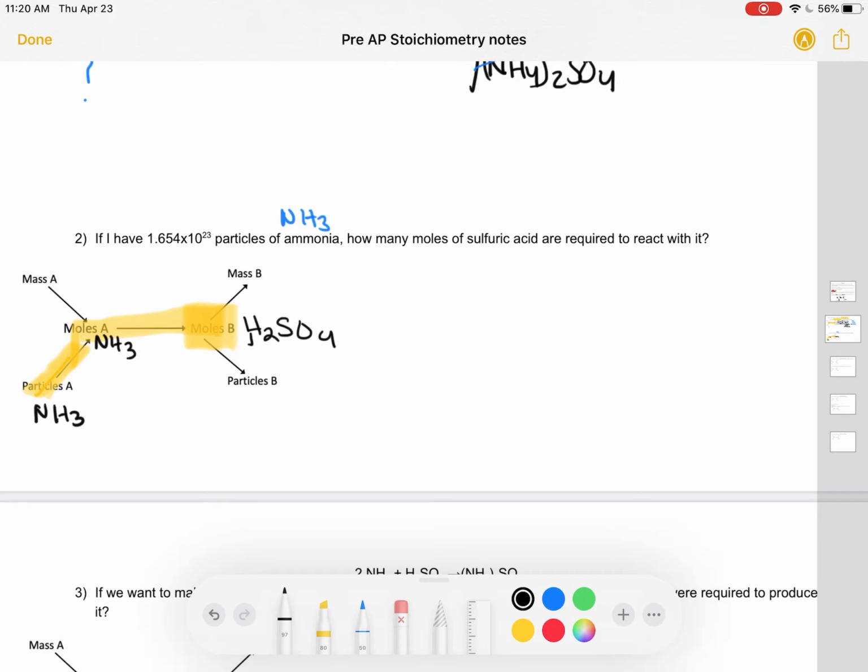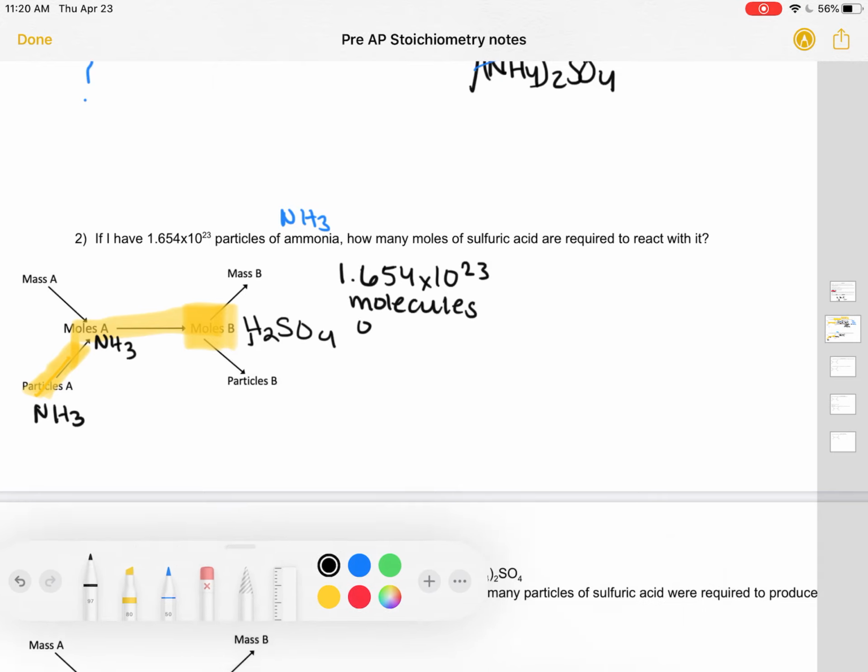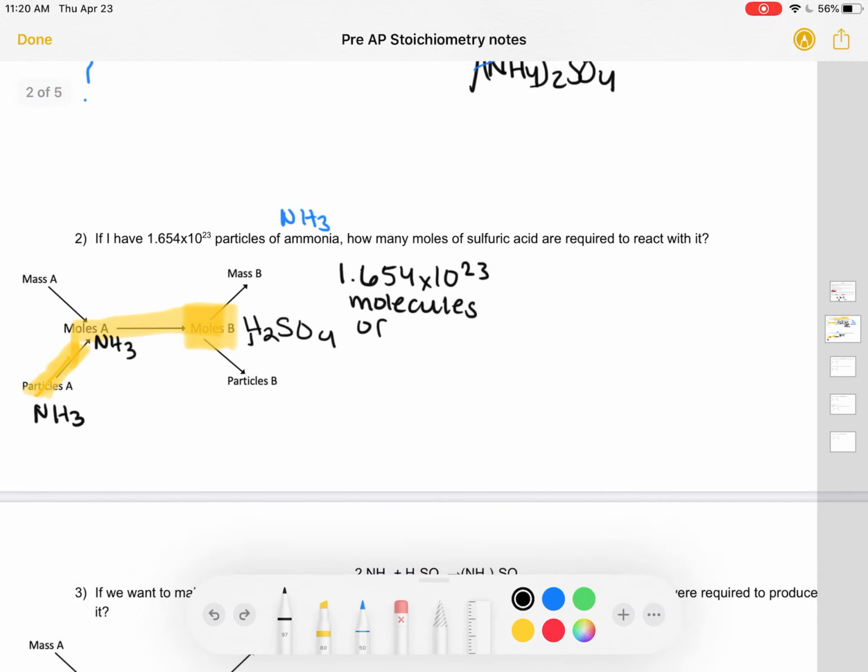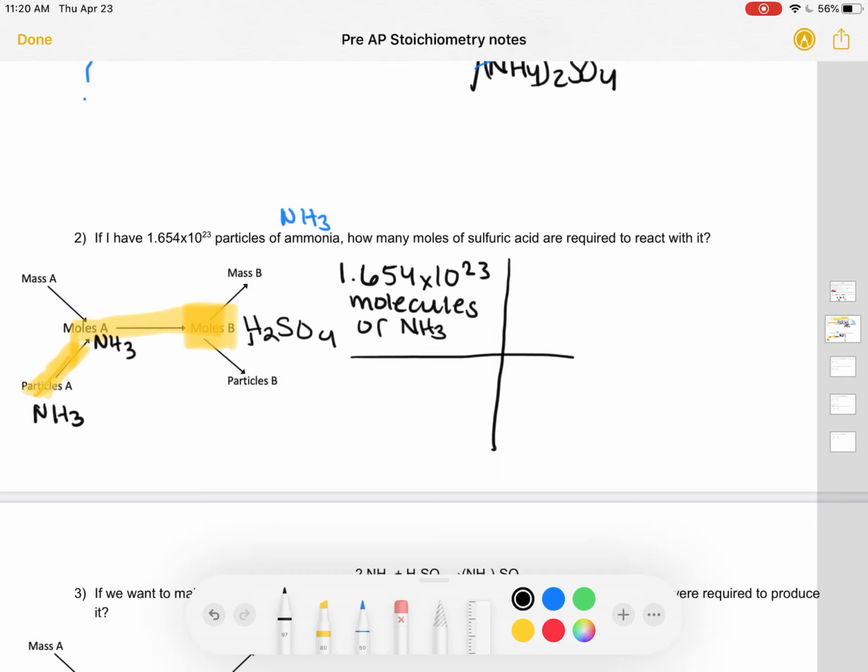Okay, so if I have 1.654 times 10 to the 23 molecules of NH3. I know I put particles there, it doesn't really matter. Now I need to get rid of molecules and get moles, so I need to divide by 6.022 times 10 to the 23.